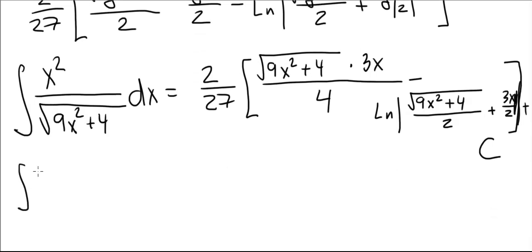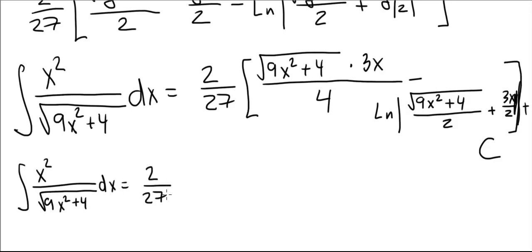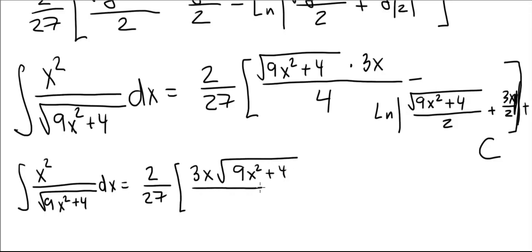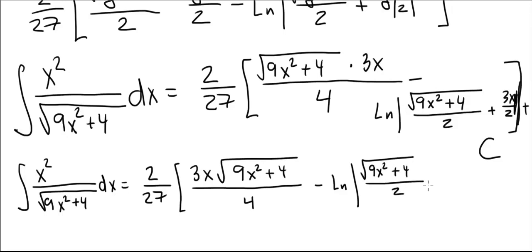The final answer of the integral x squared divided by the square root of 9x squared plus 4 is equal to 2 over 27 times 3x times the square root of 9x squared plus 4 divided by 4 minus natural log of absolute value of the square root of 9x squared plus 4 over 2 plus 3x divided by 2. So close absolute value, then close the brackets, and that is C at the end.